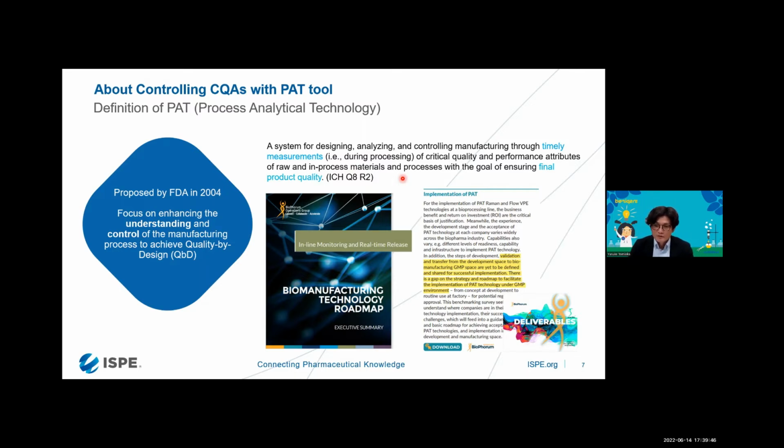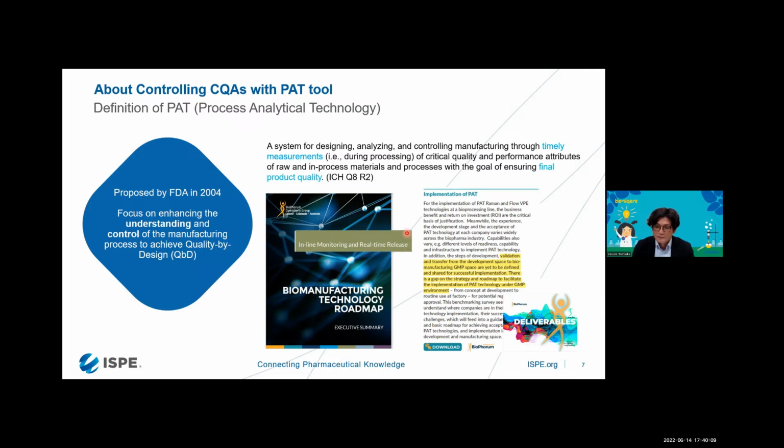About the development of PAT, the BioPhorum Operations Group also discussed it in their roadmap publication, which was published 5 to 6 years ago, I remember. They discussed the topics of inline monitoring and real-time release.